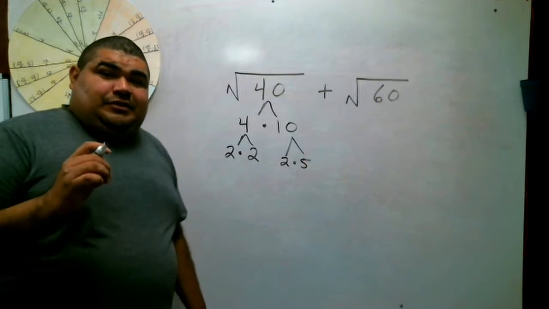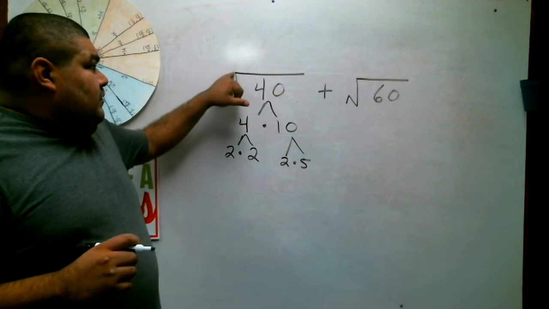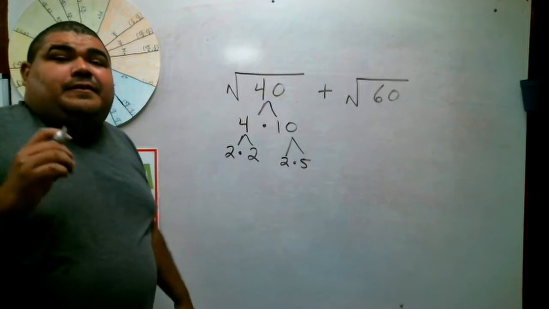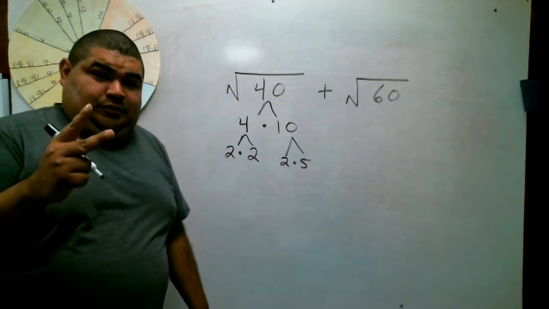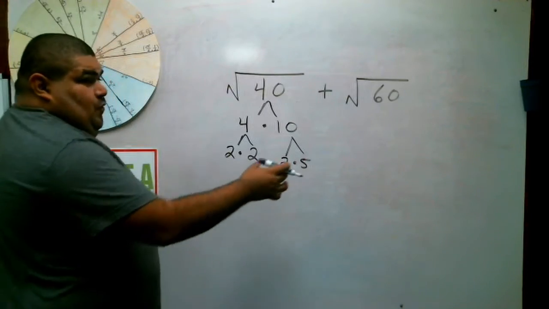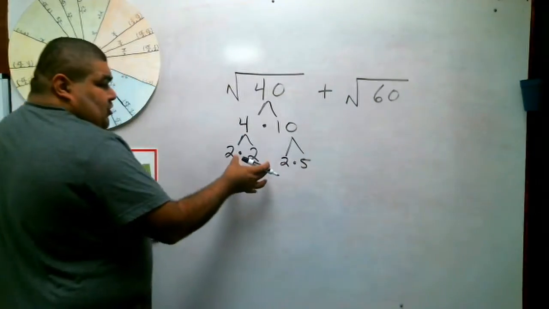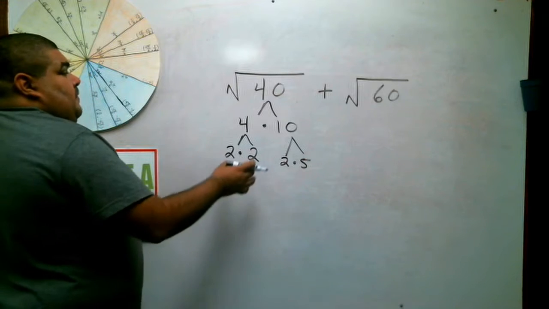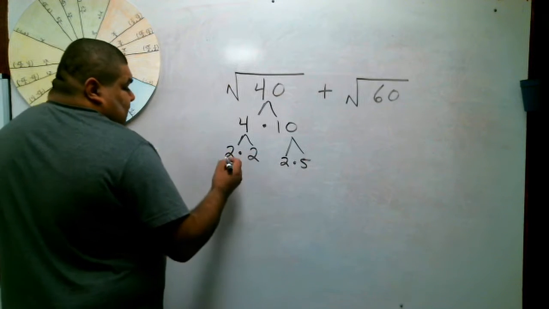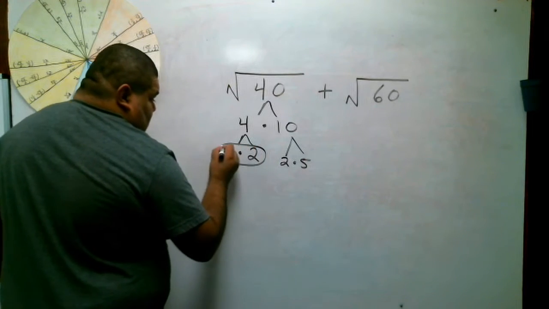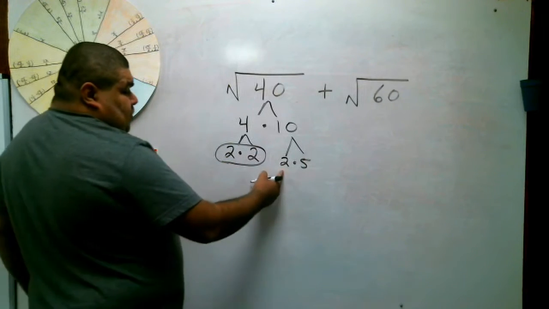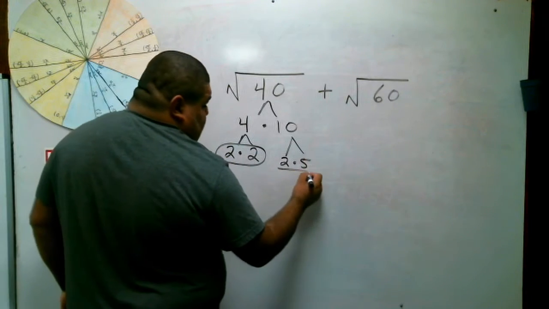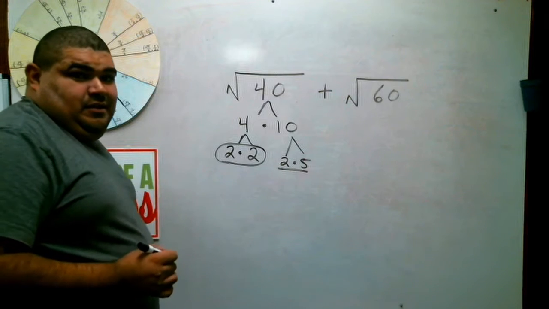Since there is no number on the outside of the radical, that means that we're looking for pairs of 2's. Okay. Before we break down this one, let's completely finish this one. Notice that I have a pair of 2's. There's no other 2. There's no other 5. So this 5 and 2 are left over. Okay.